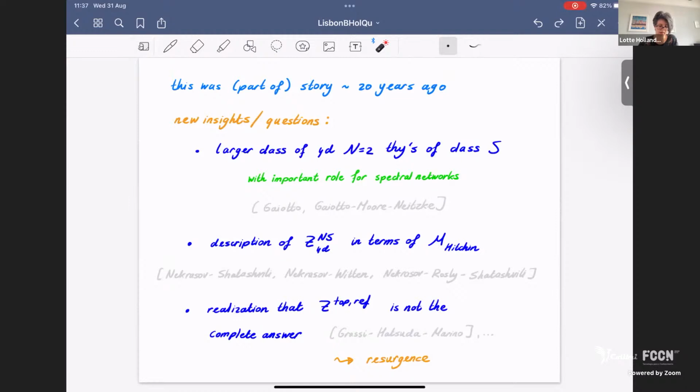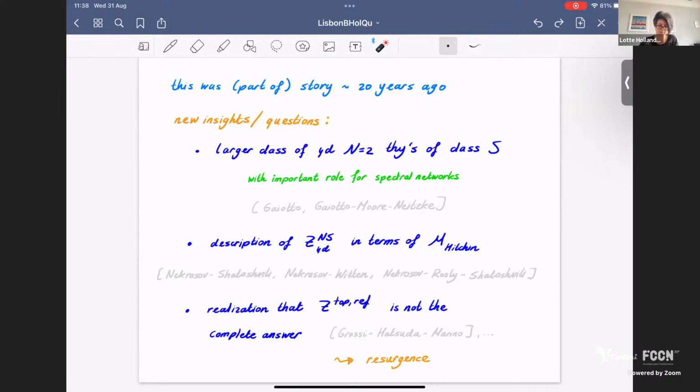Also, by other people, these partition functions of these N=2 theories were related to these quantum Hitchin moduli spaces, and by certain sets of nice dualities, which I will come back to in a few slides as well. And then there was the realization that this topological string partition function, this Nekrasov partition function that we've defined before, is not the complete answer at all.